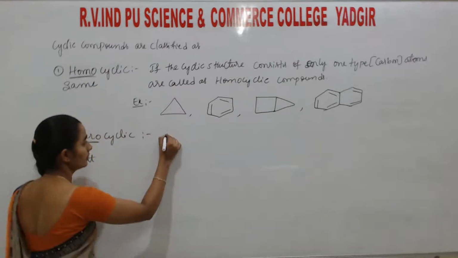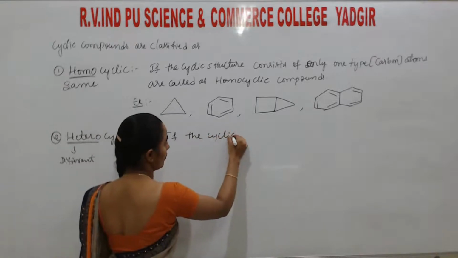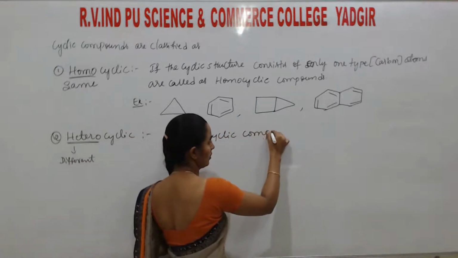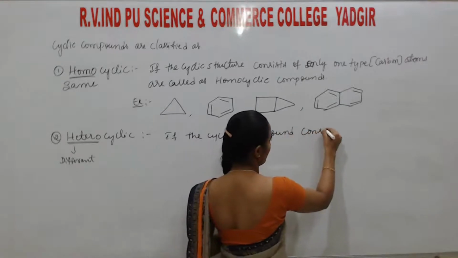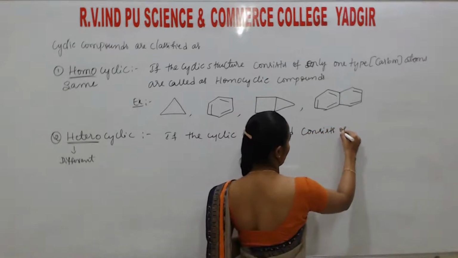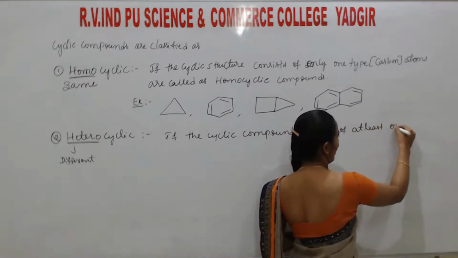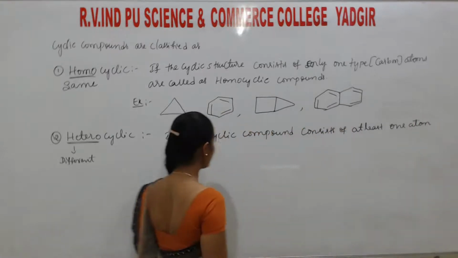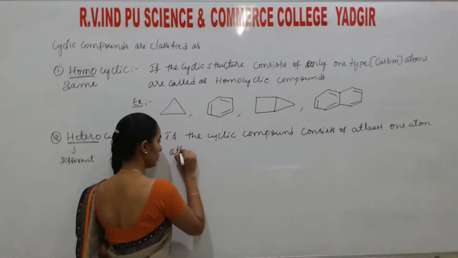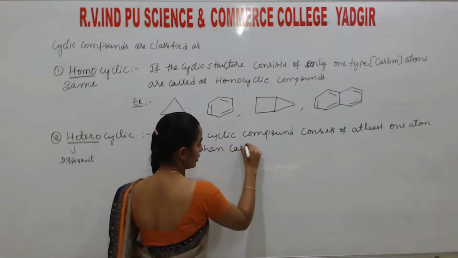If the cyclic compound consists of at least one atom other than carbon, you should mention that.